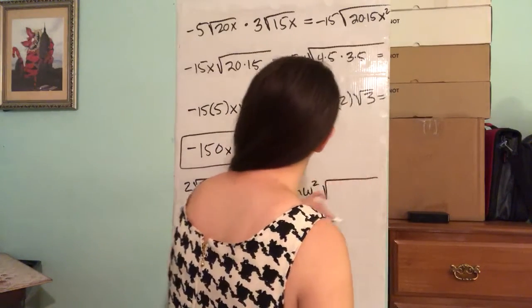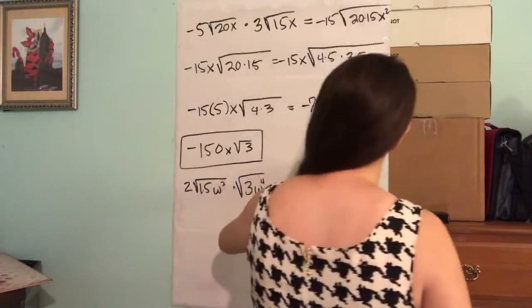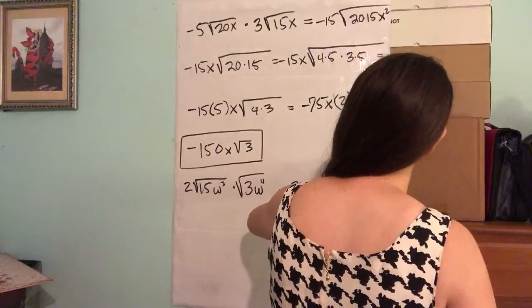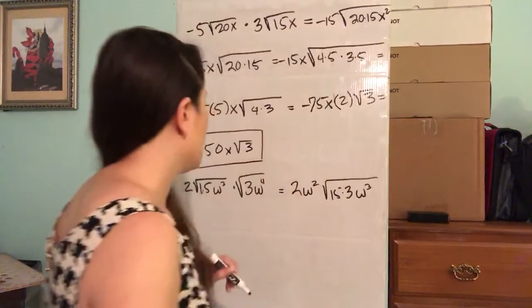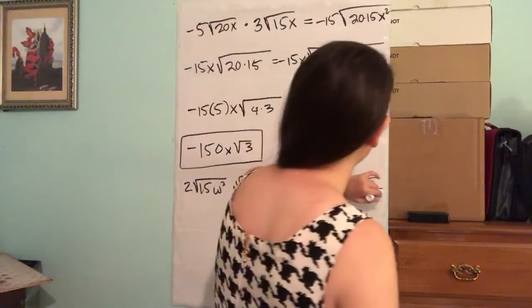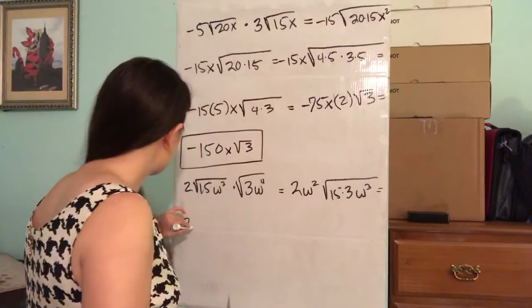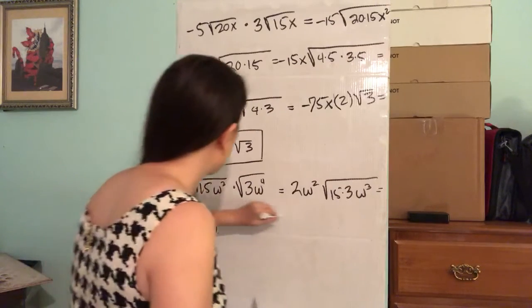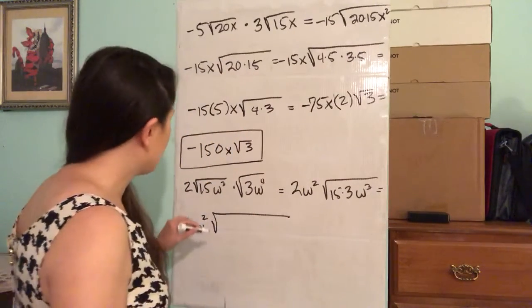Now I'm going to combine these. I get 15 times 3 w to the 3rd power. Okay. Now I'm going to break this down more. I'm just rewriting the 2w squared. I'm going to break down what's in the radical. I've got 15.